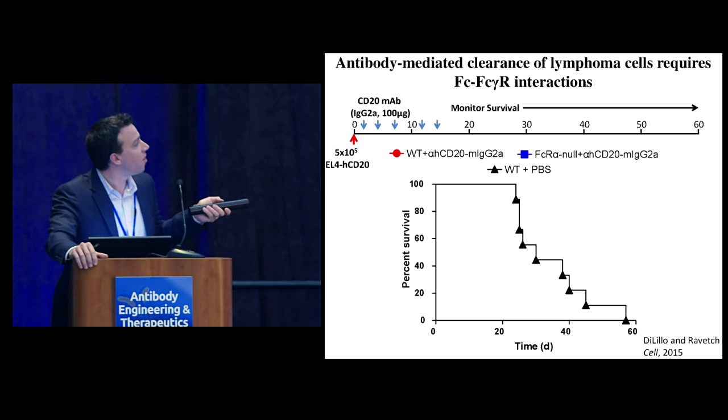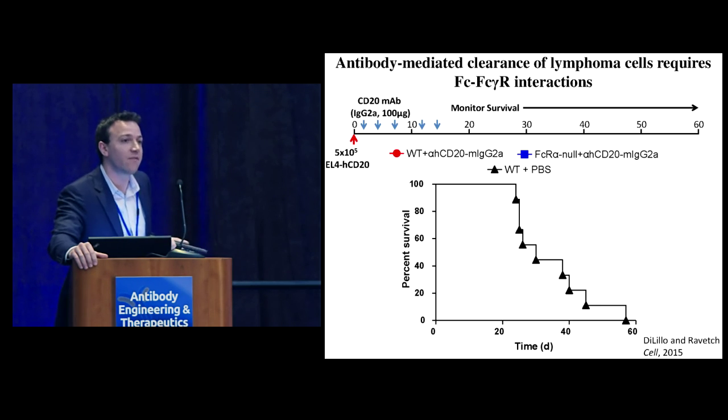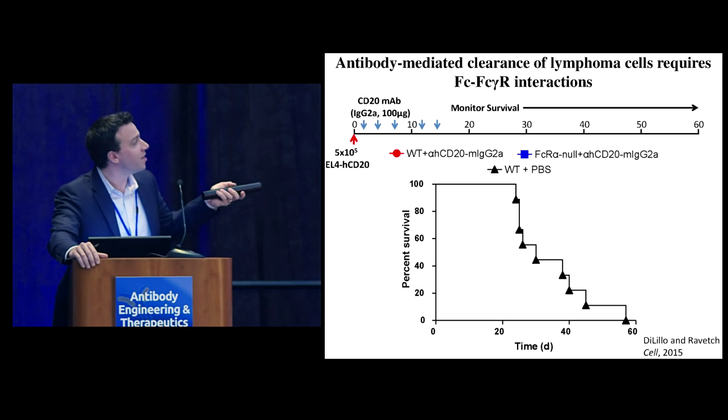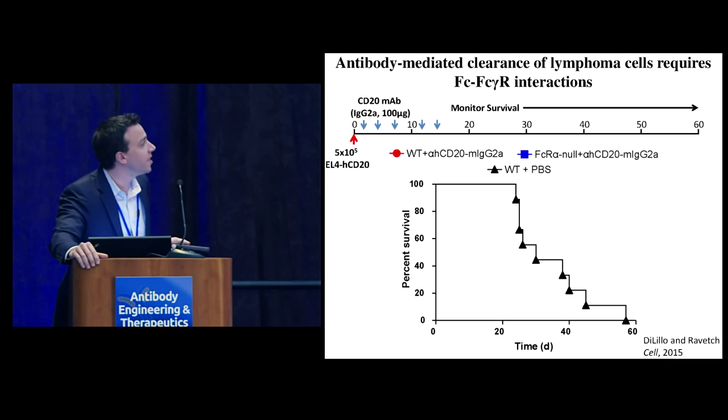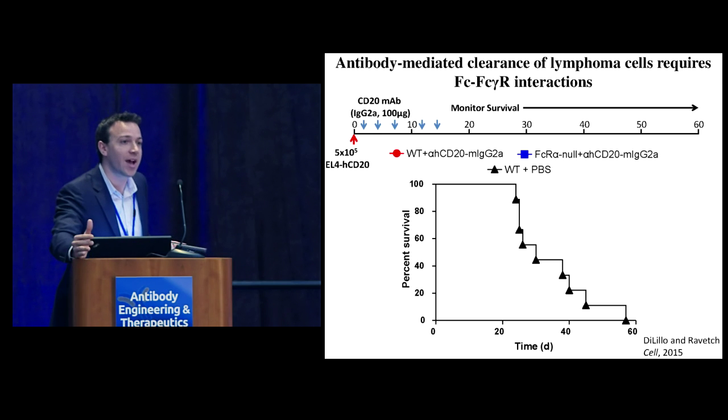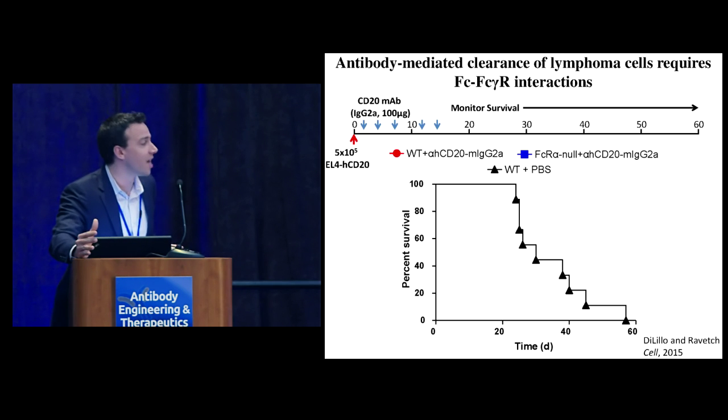In this model, we injected mice with 500,000 syngeneic EL4 cells that express human CD20 as a tumor-specific antigen. On day 1, 4, 7, 11, and 14, we gave mice 100 micrograms of an anti-human CD20 antibody with the IgG2a isotype. So this is the potent activating receptor engaging antibody in mice.